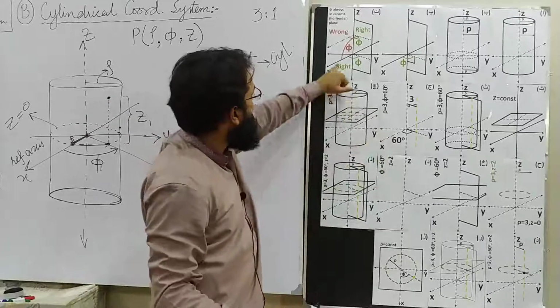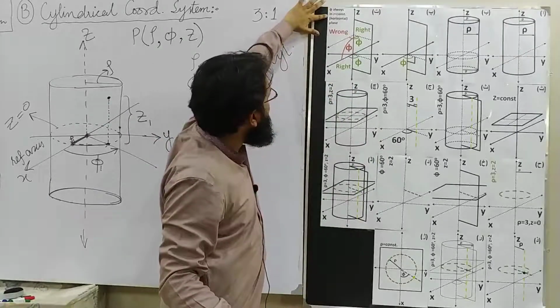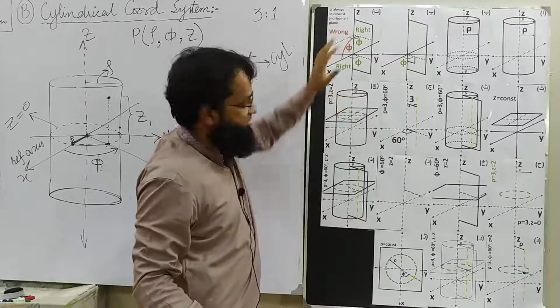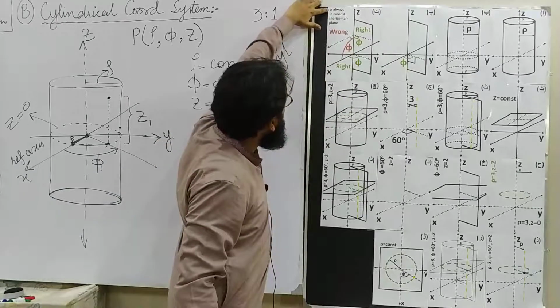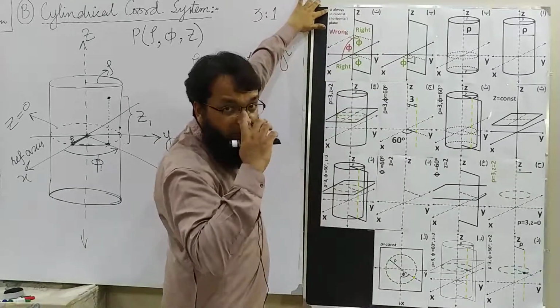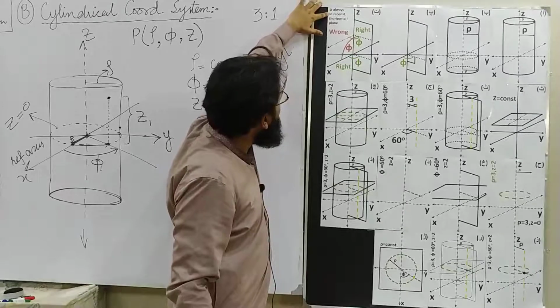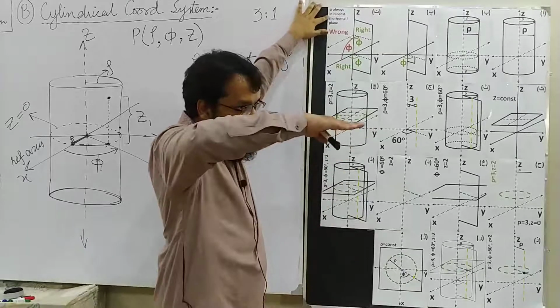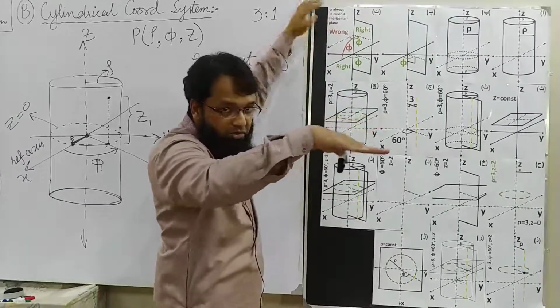So the take home message is that phi always lies in a z equals constant plane, that is, the horizontal plane.